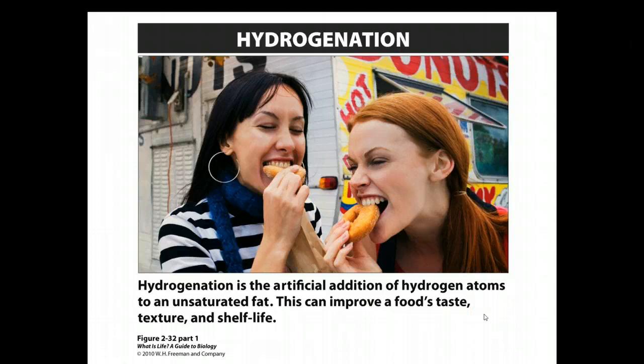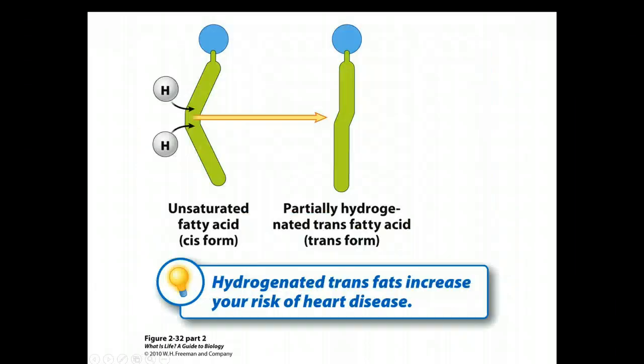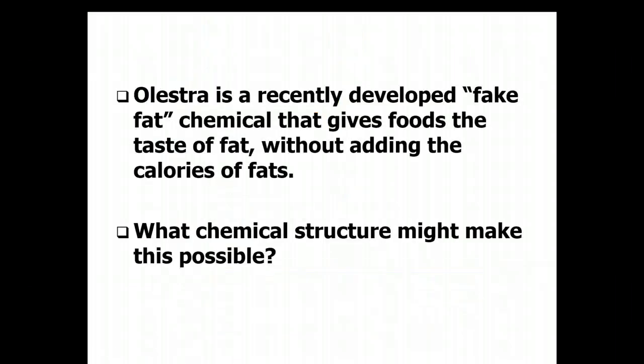This can improve a food's taste, texture, and shelf life. So it helps sales. So we have unsaturated fat in the cis form and partially hydrogenated trans fatty acids, or trans form. Hydrogenated trans fat increases your risk of heart disease because they don't typically sit down as smooth, and there's all sorts of reasons. I don't want to oversimplify, and as I say, we'll cover more of this later on.